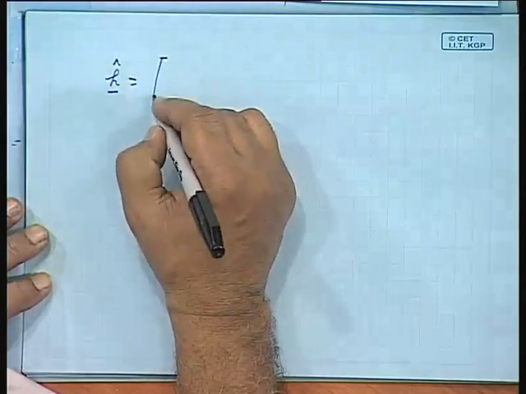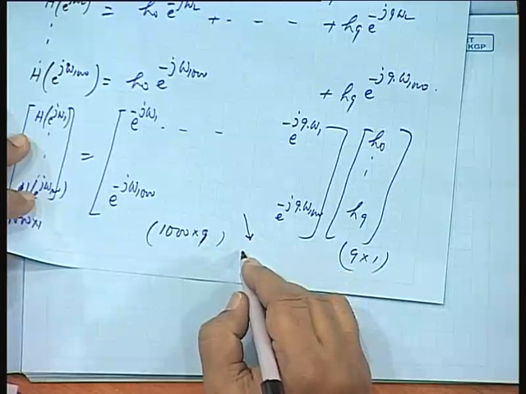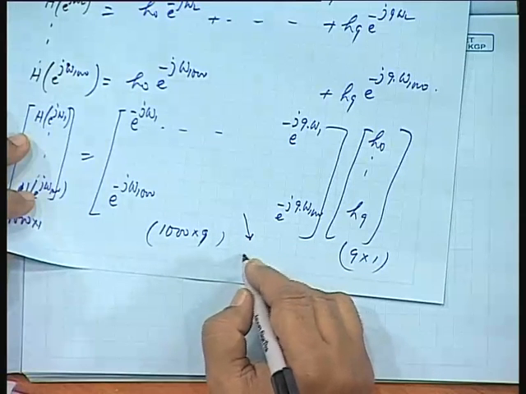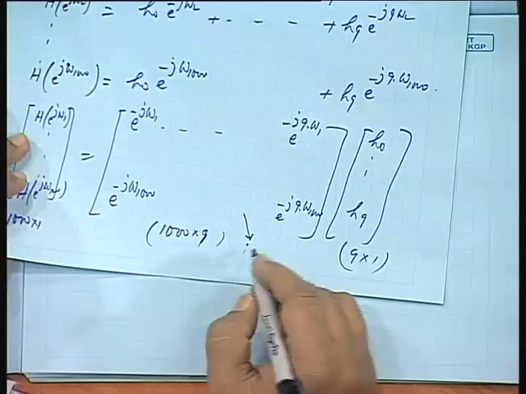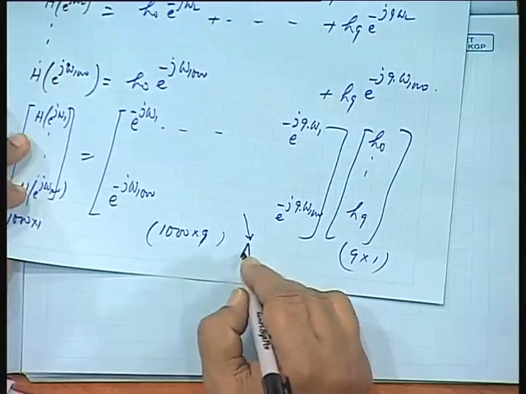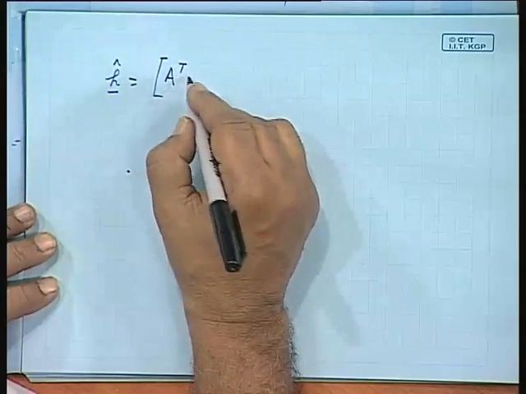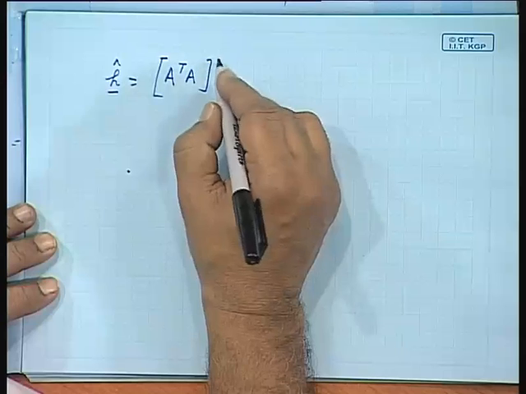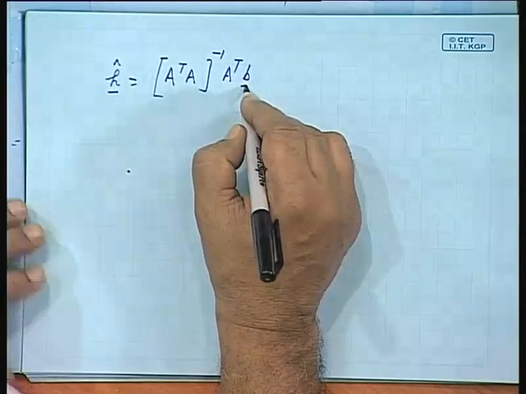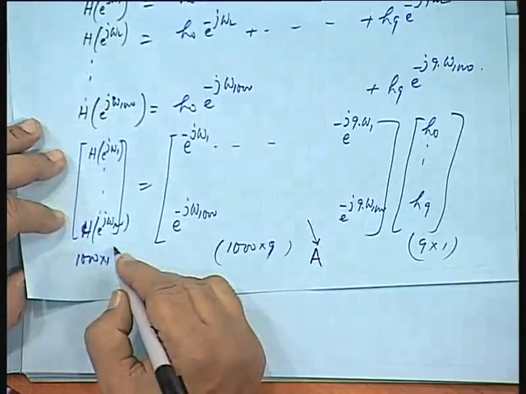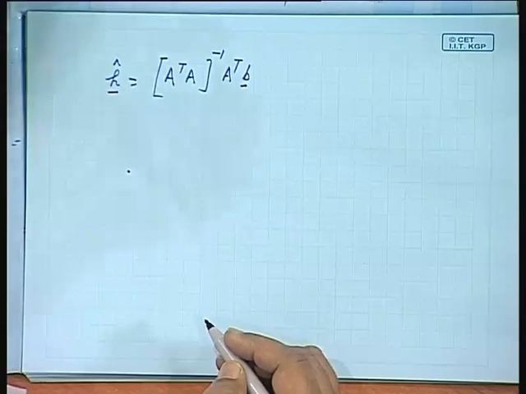If I call this matrix A, then it will be A transpose A whole inverse A transpose B, where B is this.